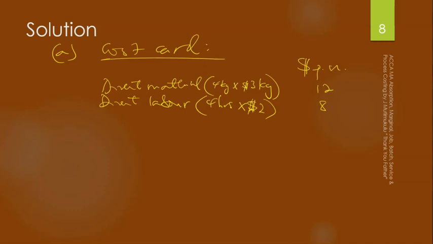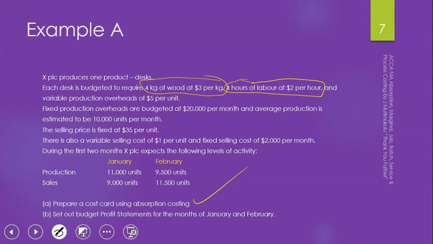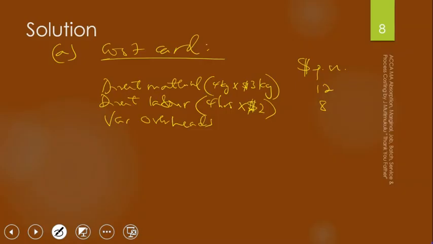All right, then we talk of variable overhead. The variable overheads are also given here, variable production overheads of $5 per unit. So you just have to take the $5 and slot it in.